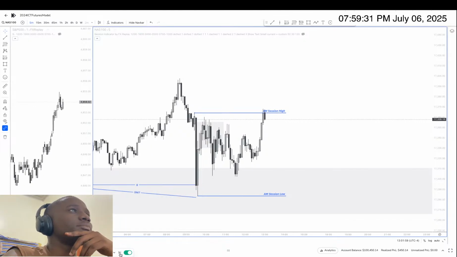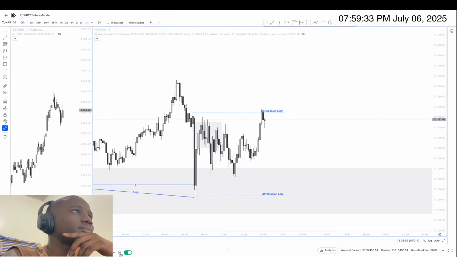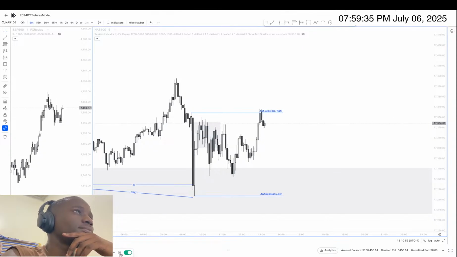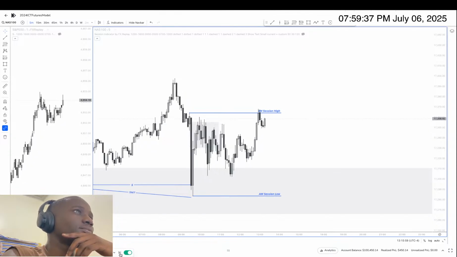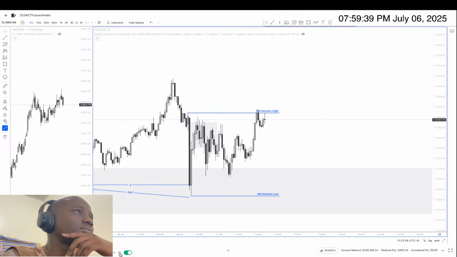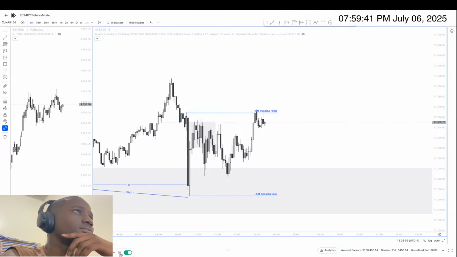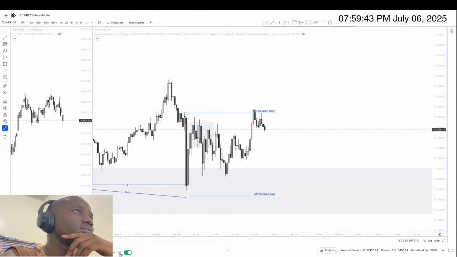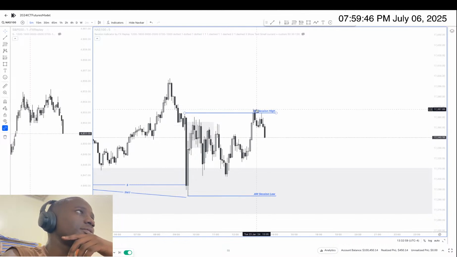To take out the AM session high. To create another SMT here, and see this high was taken out on S&P.